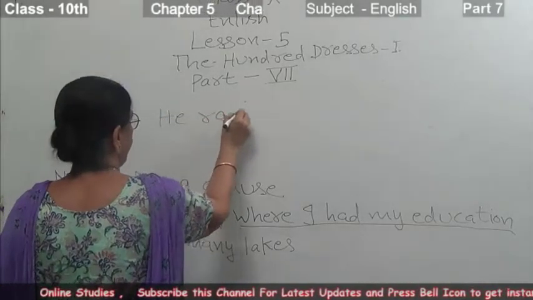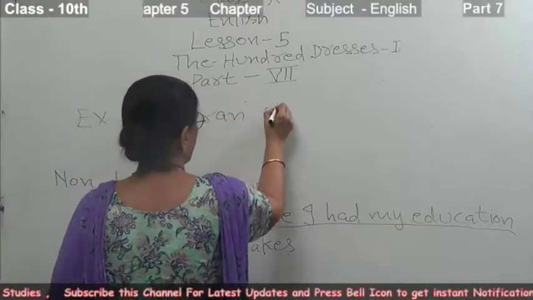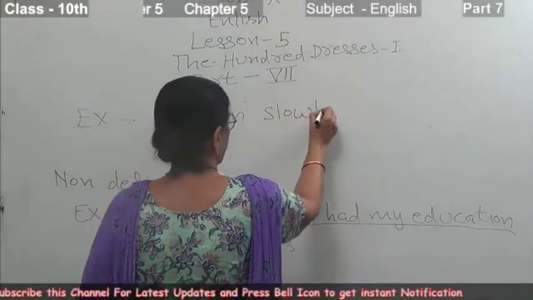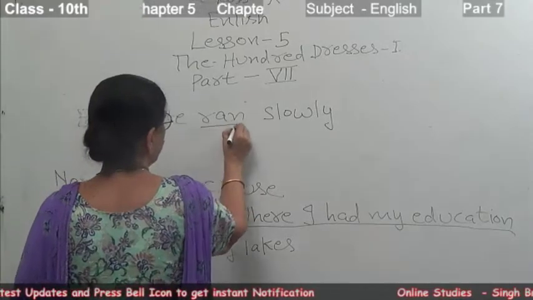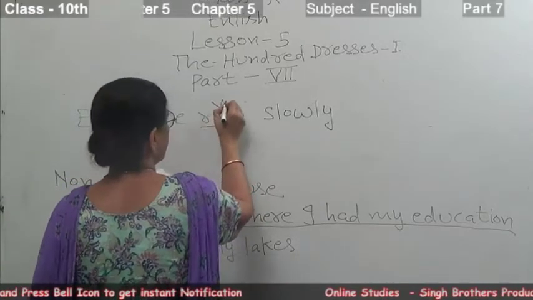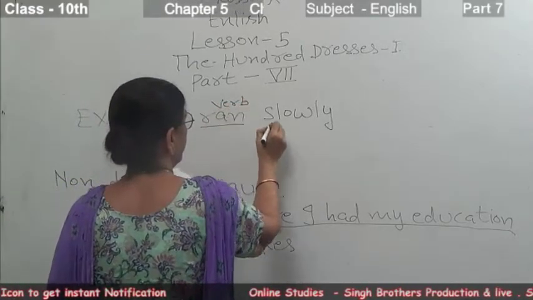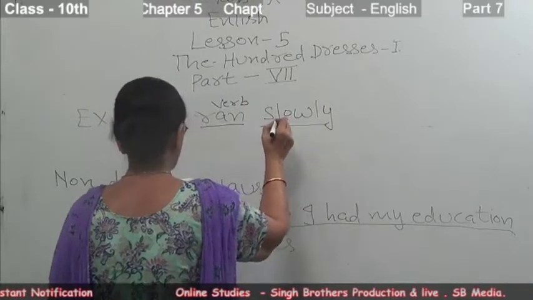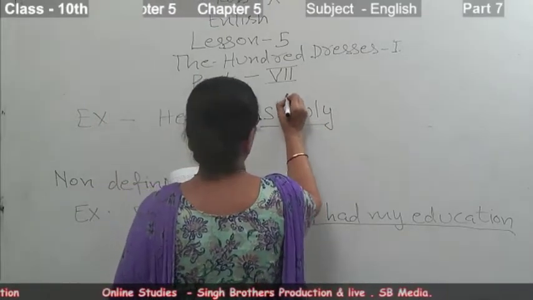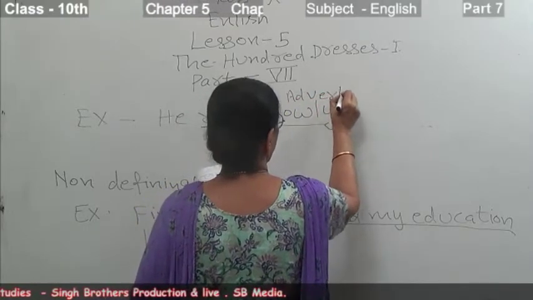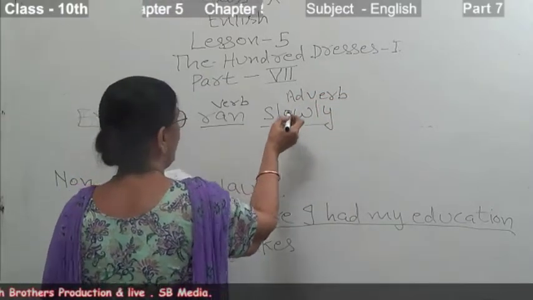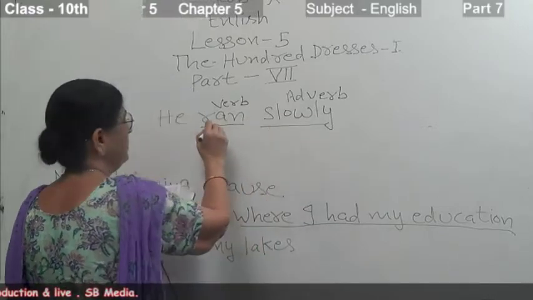"He ran slowly." Now, in this sentence, ran is the verb and slowly is the adverb, because slowly is modifying ran.